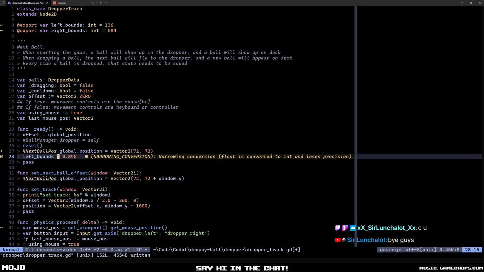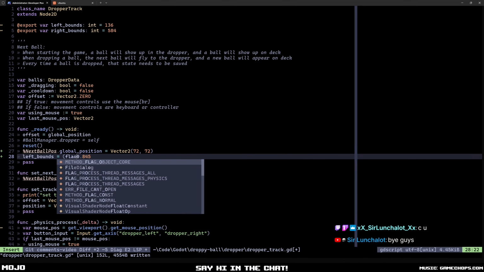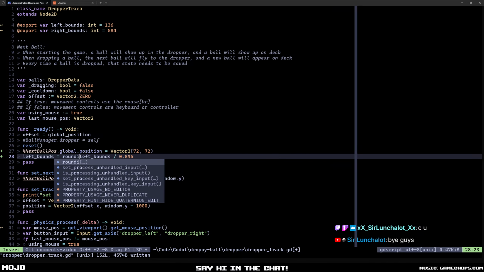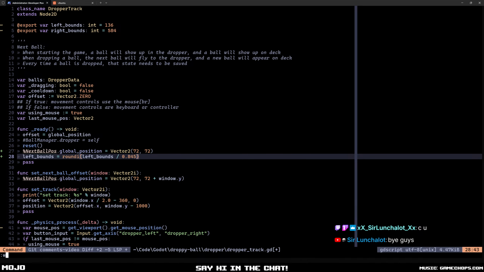Okay, so I can't do divide equals because I have to do a cast. Float left bounds divided by that. That's not how you cast in GDScript. Is that how you cast? And then it rounds, so maybe I don't need to do this. I need to do round I. Is that it?